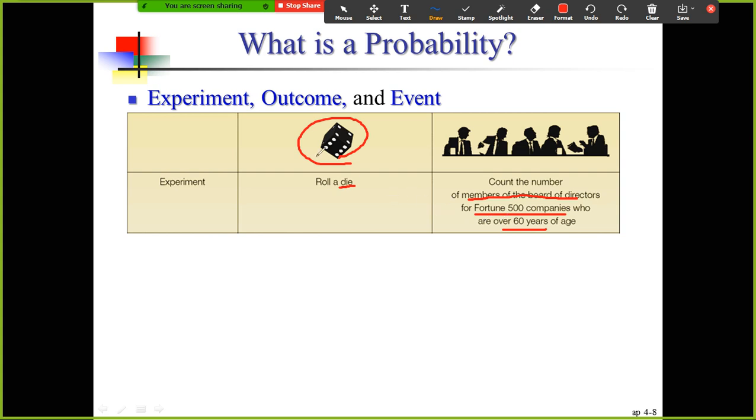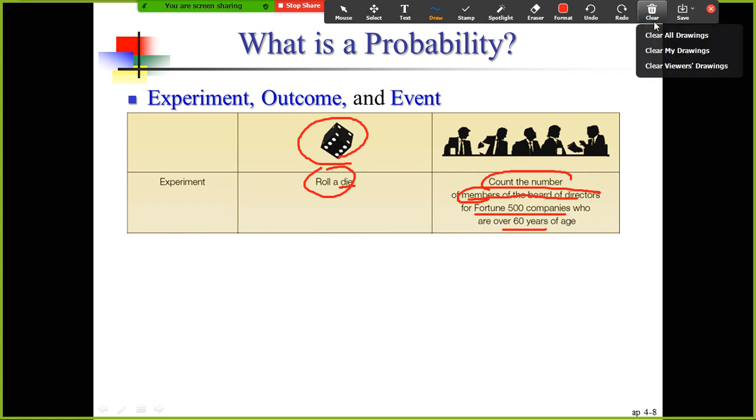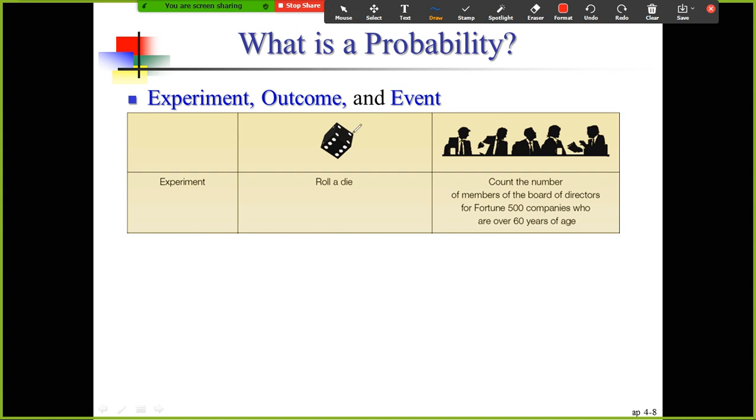So I have two experiments: one is rolling the die, the other is asking the members or directors of these companies who are over 60 years of age.